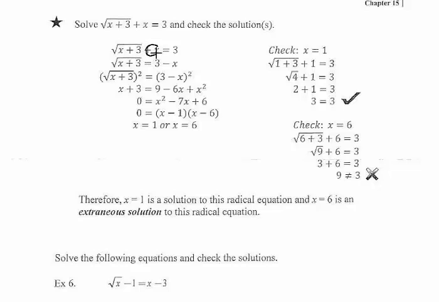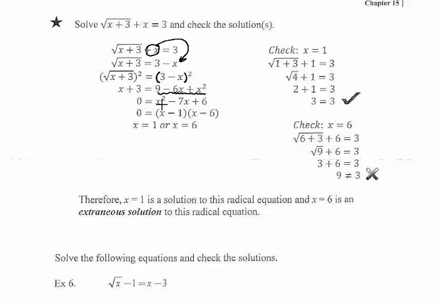We've taken the x and moved it to the other side. We're still trying to get this radical part by itself. Once we do, we simply do the opposite of the radical. In this case, it's a square root radical, and so we square both sides. The only real difference is that now, instead of just having a number on the right-hand side, we also have this x term, and so we have to FOIL the right-hand side.